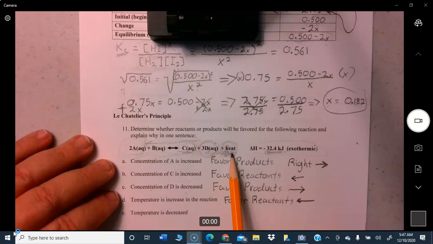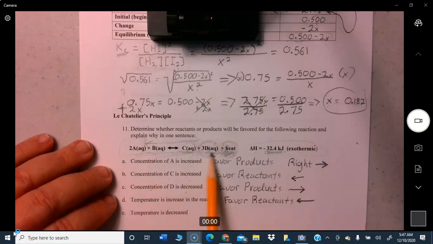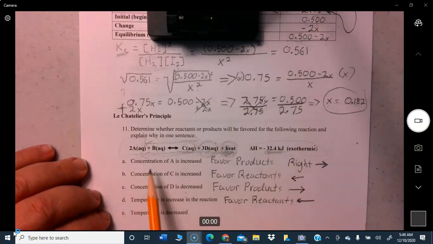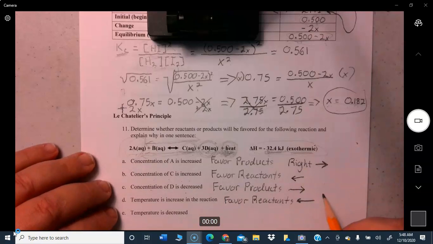If all of a sudden your surroundings are at a higher temperature than your reaction is, then the heat can't escape. So you're basically plugging up the reaction and not allowing it to go forward from left to right. So increasing the temperature is going to push the reaction backwards. If it's an exothermic reaction, that's the key. So it favors reactants if it's exothermic.